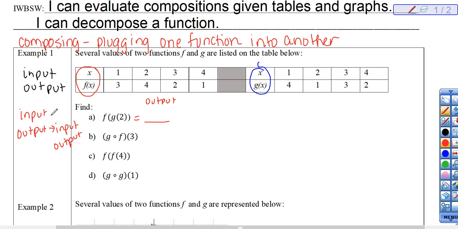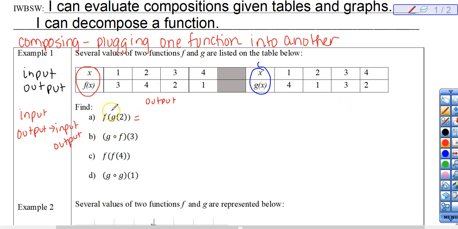So input, output, input, output. Got it? The first time I do this, I'm going to do it with a function machine. We'll plug a number into a function, see what the function does and get an output. Then we'll take that output and plug it in. Then I'll move away from the function machine and just work on my method, which I think is a little faster.